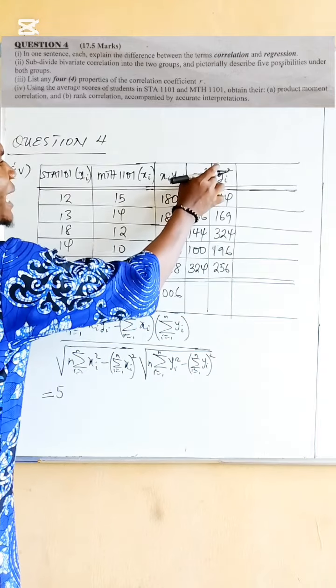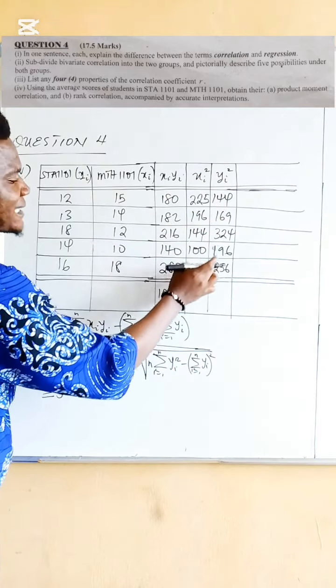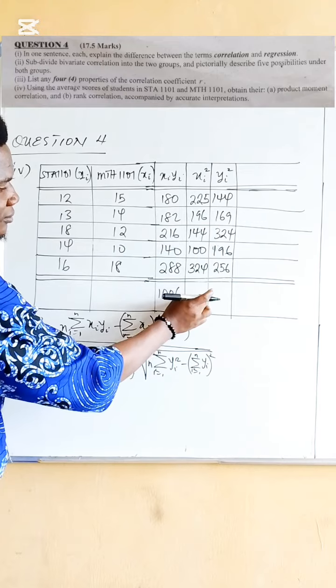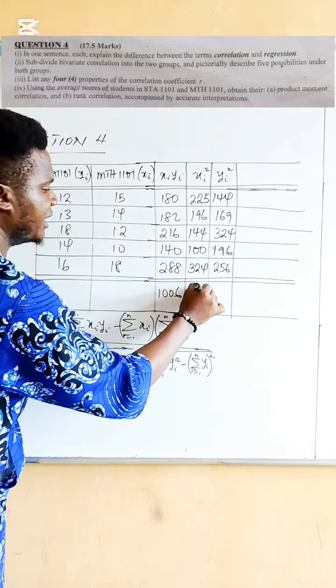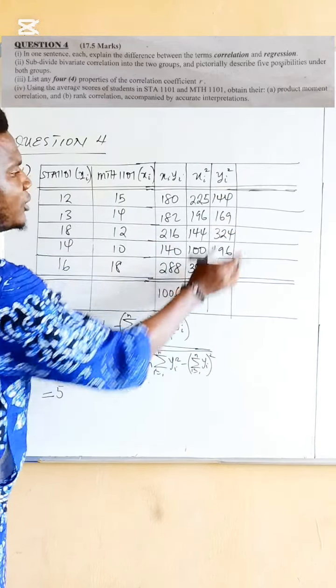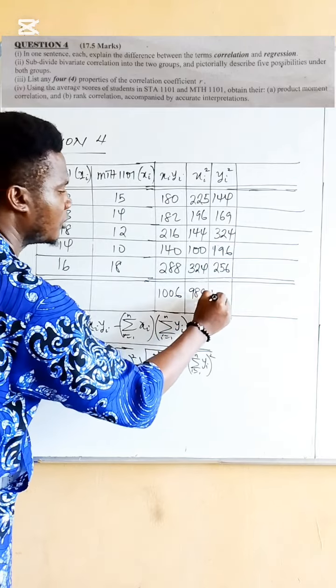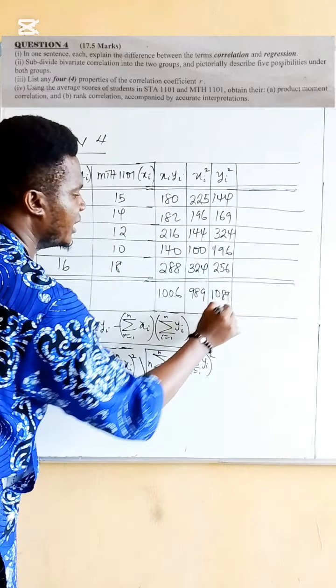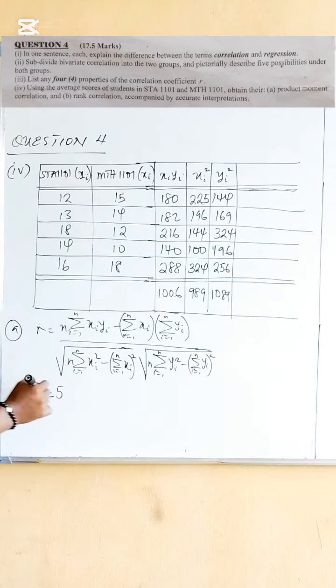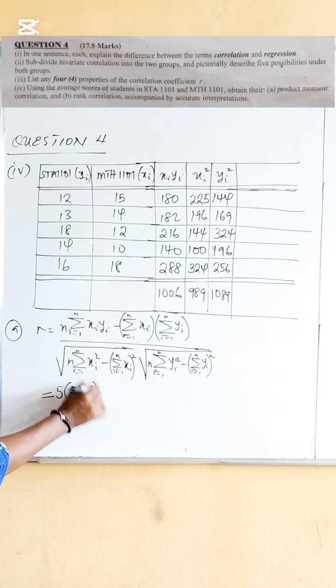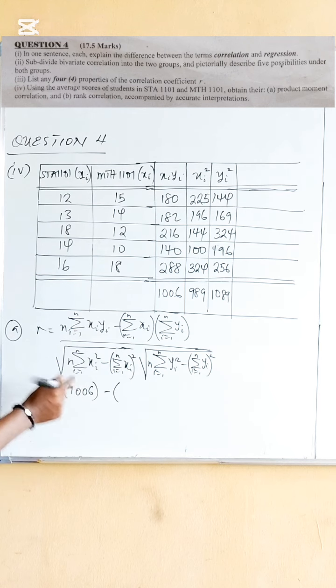Then when we add all the values under xi squared, we get 989. When we add all the values under yi squared, we get 1089. Okay, now we are going to bring those values here to now have 1006 minus in brackets summation.